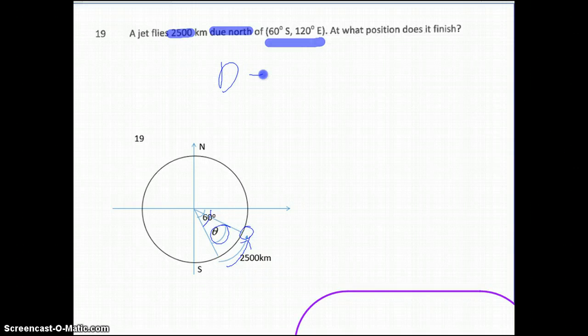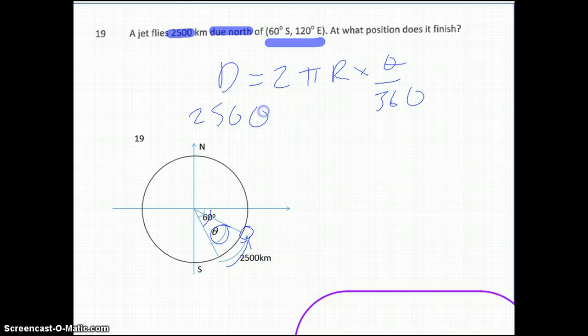So using the same formula, D equals 2 pi r times theta over 360. This time sub in slightly different information. 2,500 we know equals 2 pi 6371 times, and we don't know what the angle is, so we don't know what theta is. Now you can use your calculator to work this out.